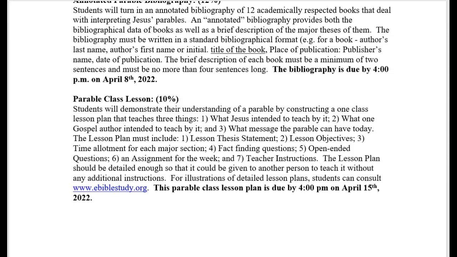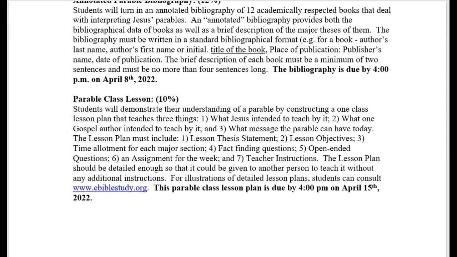So sometimes a gospel author might have a different message than what Jesus' message was. And so in class, we're going to talk about the distinction between what Jesus would have been teaching and what the gospel authors might have been teaching.